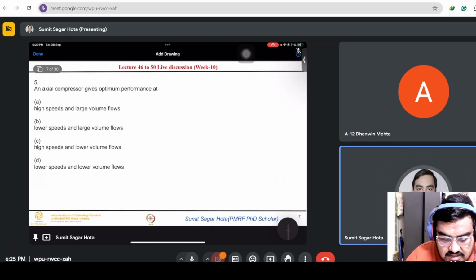When it operates at high speed, it requires a large volume of flow, or a large amount of fuel and oxidizer mixture. So it requires more air to compress. So the answer is A.